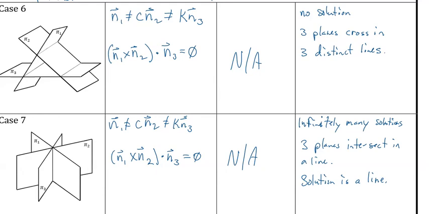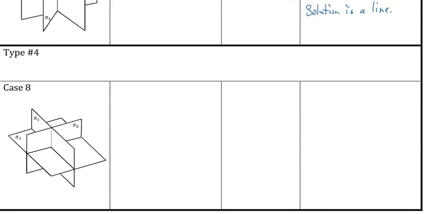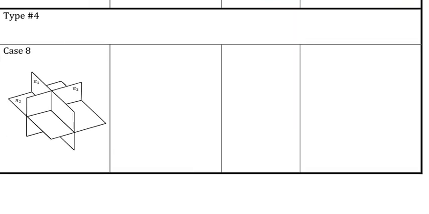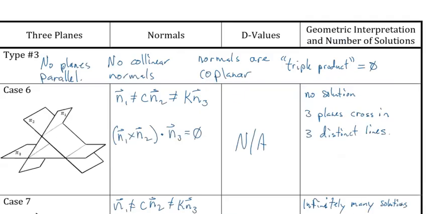Okay, and finally, type 4. So type 4 includes everything from type 3. No planes are parallel, no collinear normals. But in this case, the normals are not coplanar.